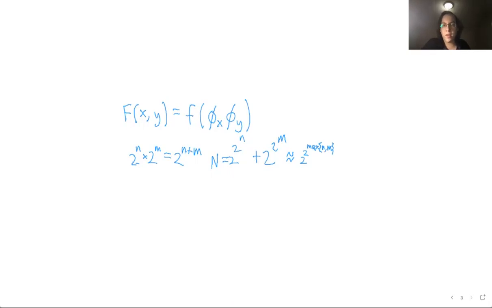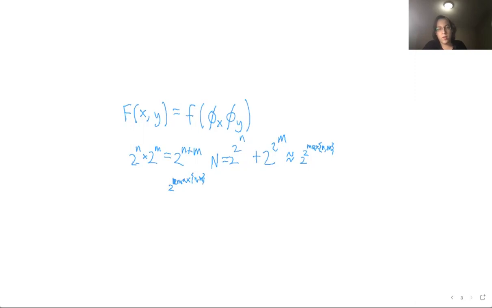Right, it's roughly 2 to the 2 to the max, and here we have roughly 2 to the max, or 2 times max or something. Okay, so let's ignore that factor of 2 there.